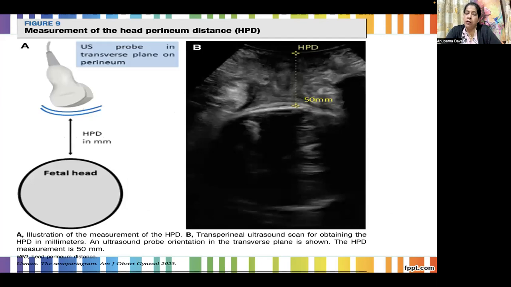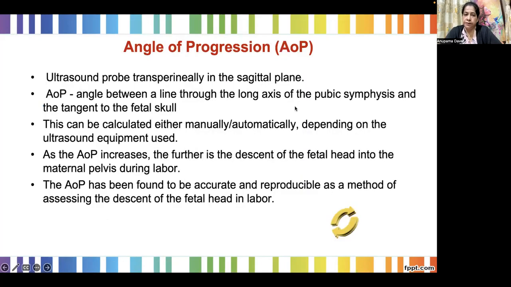So this is how head perineum distance can be measured by placing the transducer at the posterior fourchette and the skull, the cranium. Distance between that and the cranium can be measured.